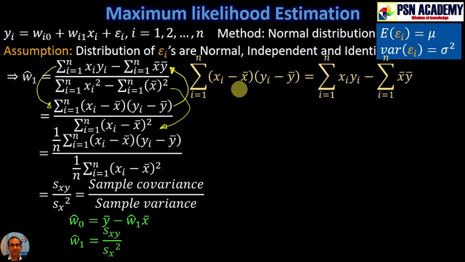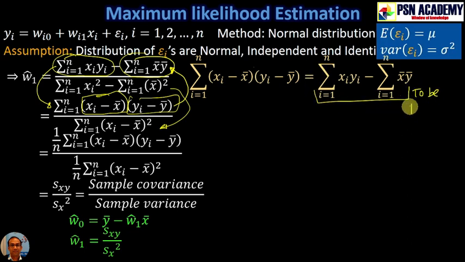So xi minus x bar, that means this part, dot yi minus y bar, that means this part, we have to prove that this summation of xi yi minus summation of x bar y bar. So this is the part we have to prove, to be proved.